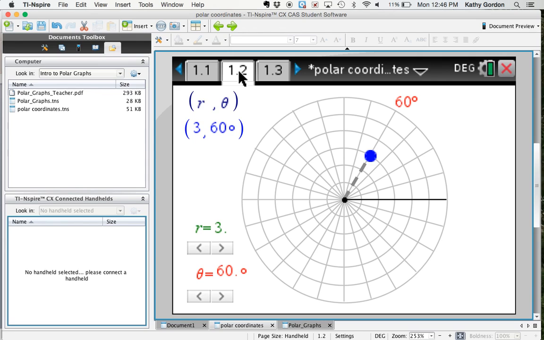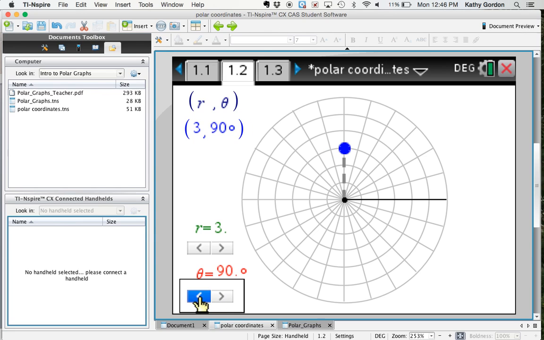So this is negative 4. Okay, so this degrees, or the angle measure, is what these radiating lines help us with. In this particular circle, each line is meant to represent 15 degrees, and you see that when you play around with the theta.